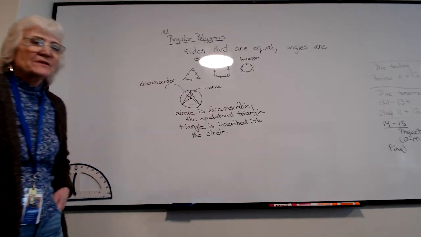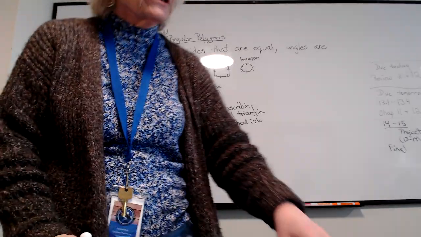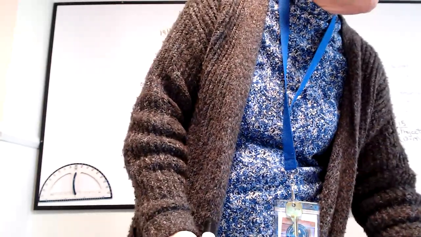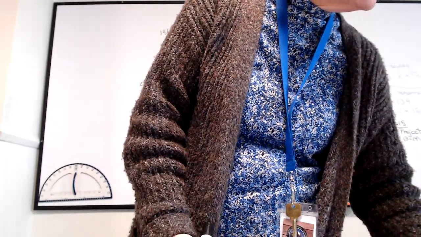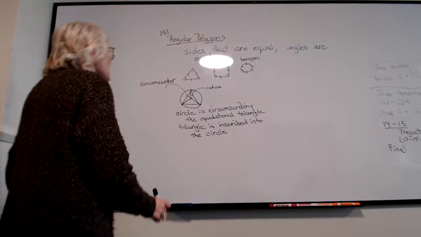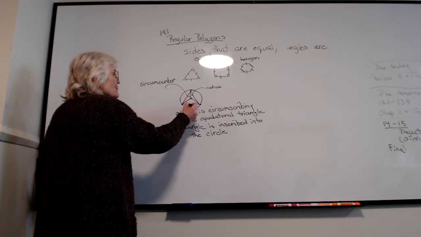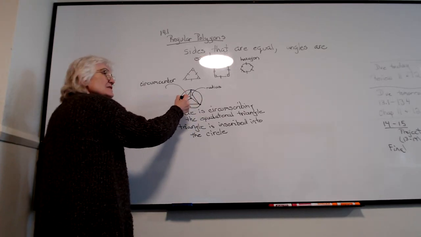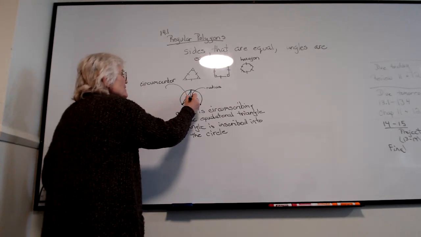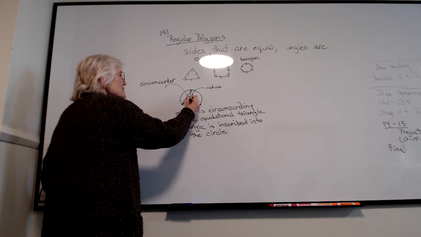Okay. So those are some things that we can look at. So central angles, you can see that there are 3 equal central angles here because you have this one, and this one.